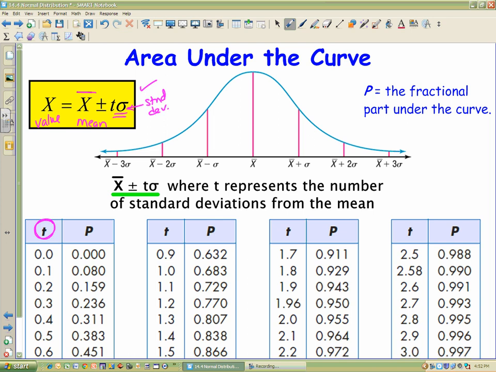So it becomes t times standard deviation. If I were 2 standard deviations away from the mean, this t would be 2, and then whatever the standard deviation amount, maybe this was a 5, maybe this was 20, 25, 30, where my standard deviation was a 5. So that is how that formula is going to be used.